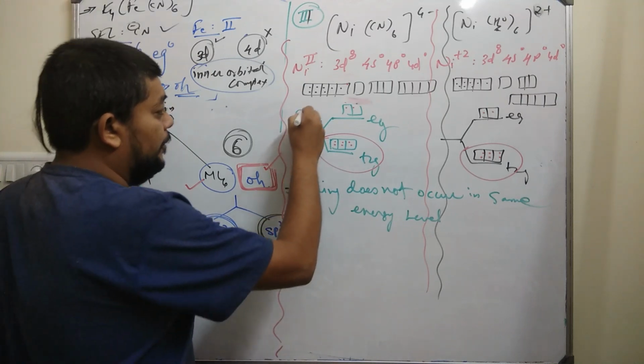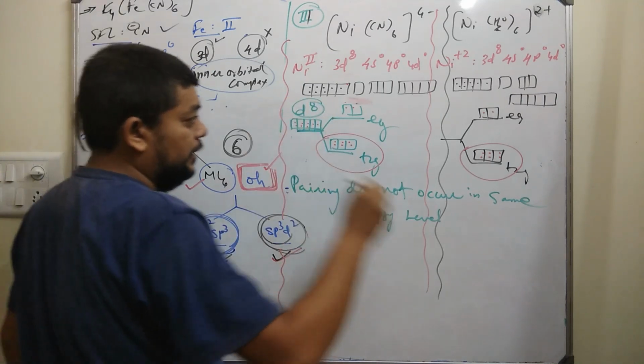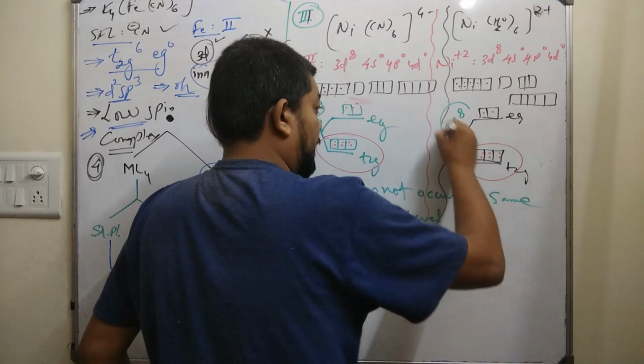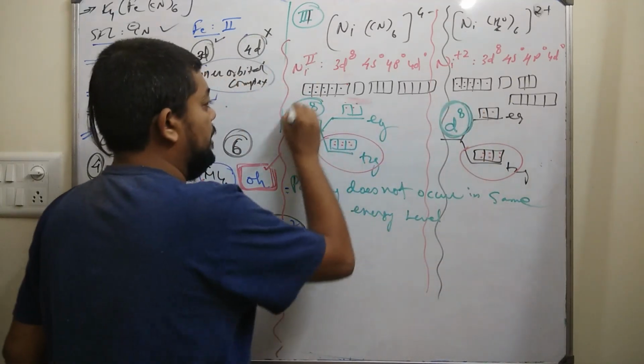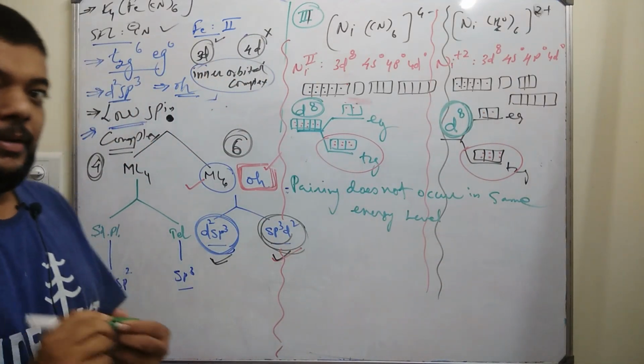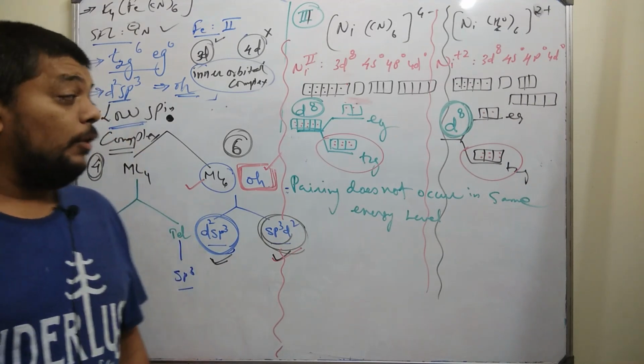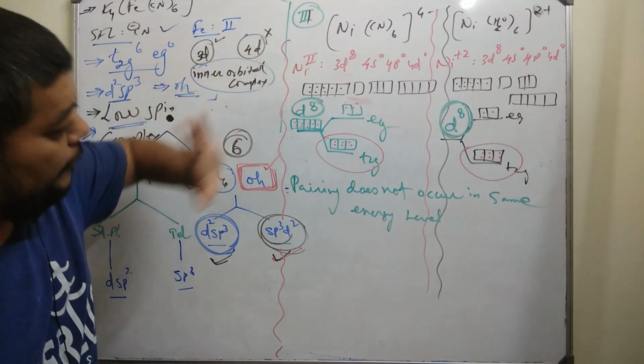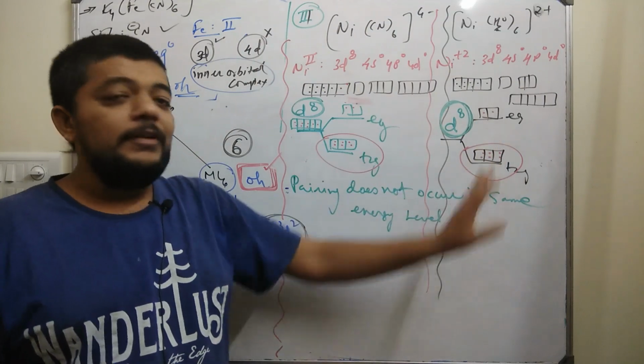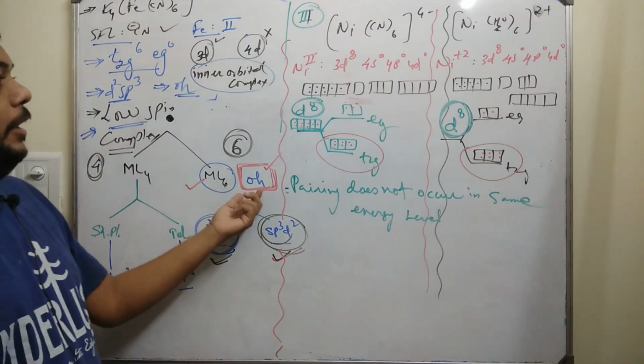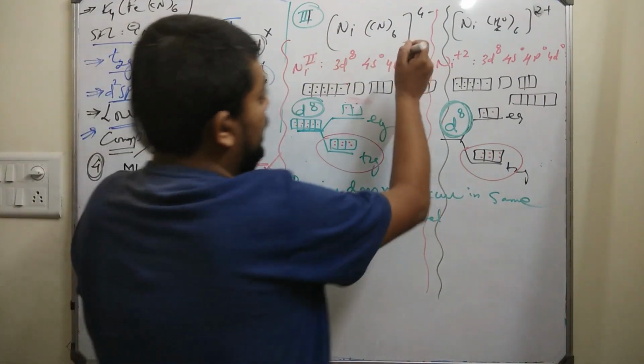Remember this lecture and note it down in your book that when you have a d8 kind of electronic configuration, whether it's a strong field or a weak field, in the octahedral complex. Why in the octahedral complex?